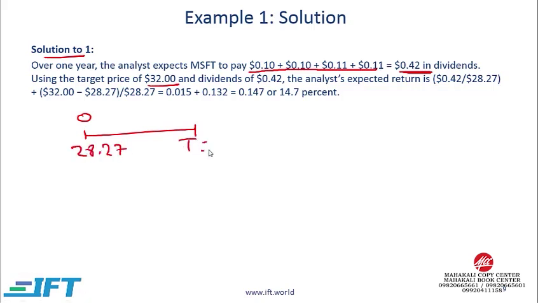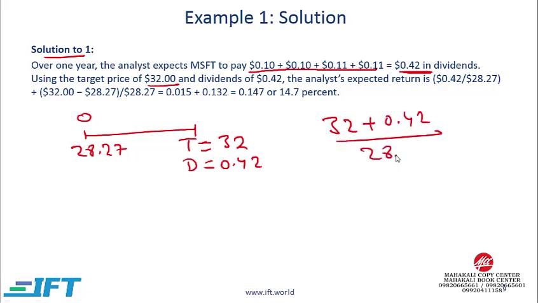The target price at the end of the holding period is 32, plus the expected dividend over this period is 0.42. So the expected return is simply (32 + 0.42) divided by 28.27 minus 1, and this is 0.147 or 14.7%.